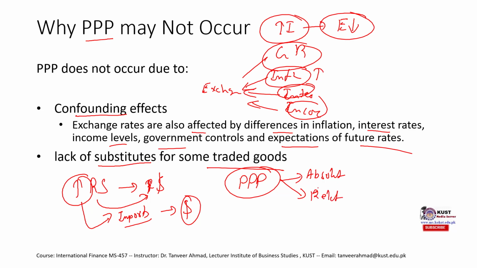One is called absolute form and the second is relative form. The difference is just that relative form takes into account the market imperfections, the market realities. So absolute says that if inflation increases, then the exchange rate would definitely decrease, but relative says that if inflation increases, then the exchange rate might decrease because there are other factors that would come into play.